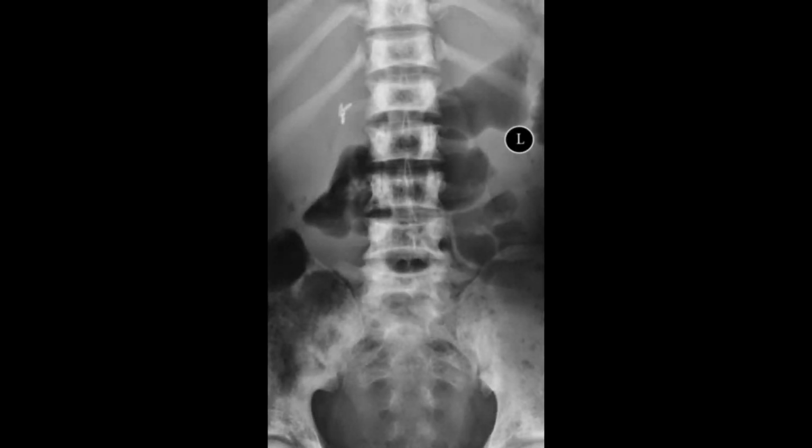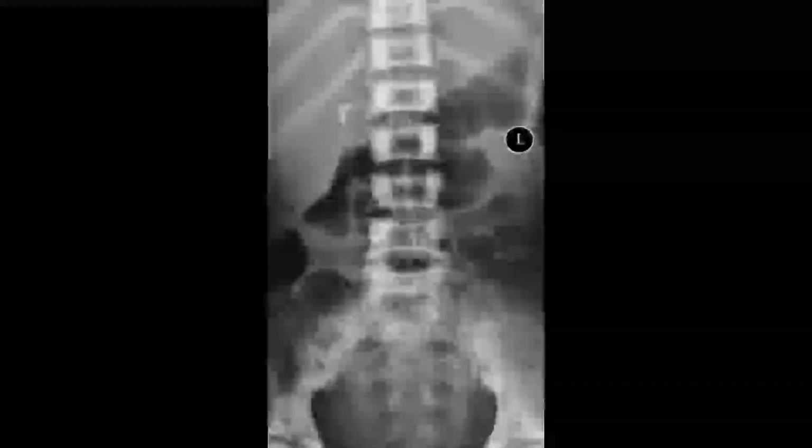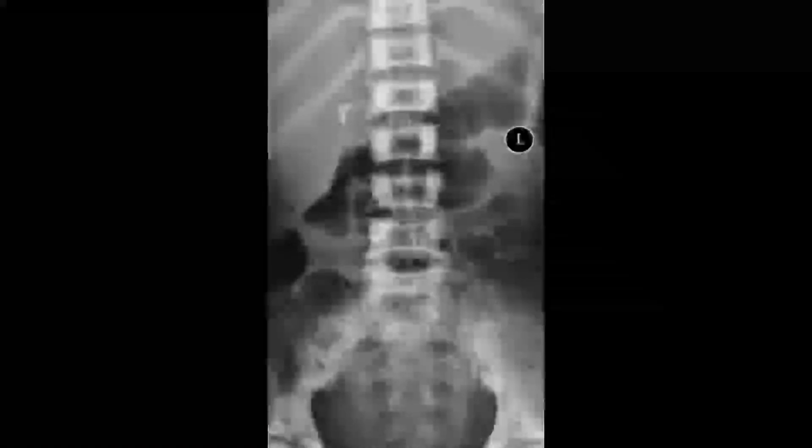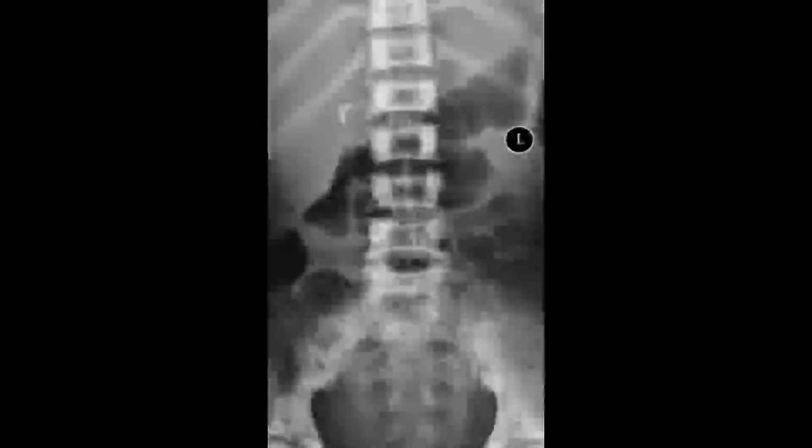On this AP view, you can appreciate that the central portion has been compressed, giving the vertebra a particular H form, which can be seen in sickle cell and other anemias, and in Gaucher disease.